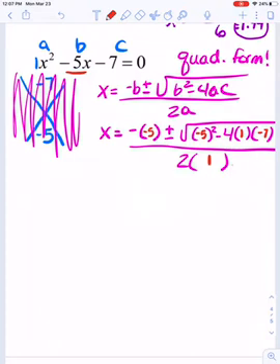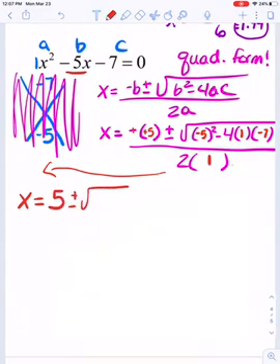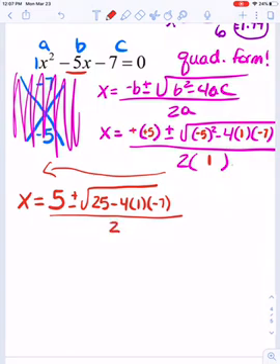From here again, we go ahead and we simplify what's under our radical first, or our discriminant. So I get x equals the opposite of -5. I can simplify that as I go, so that's going to give me a +5, plus or minus the square root. -5 squared is 25, minus 4 times 1 times -7, all over 2 times 1, or just 2.